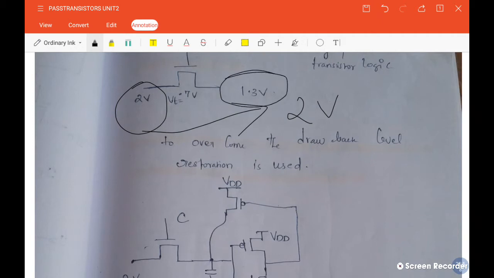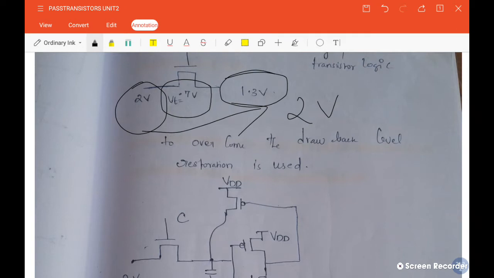What is this 1.3 volt? From the 2 volt, the threshold value of this device is subtracted. For example, here I have taken the threshold voltage as 0.7 volt. So that threshold voltage will be subtracted from the input value and only the remainder will appear at the output. This is called level deterioration, that is, a degradation in the output signal.